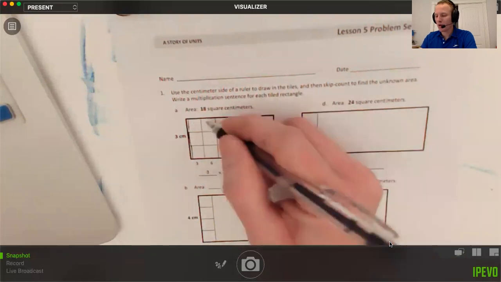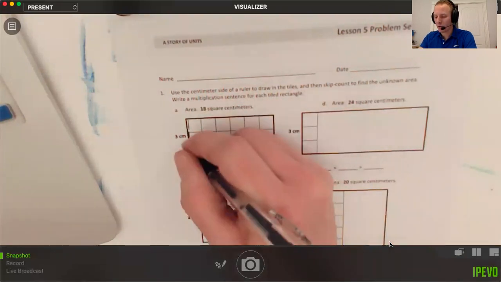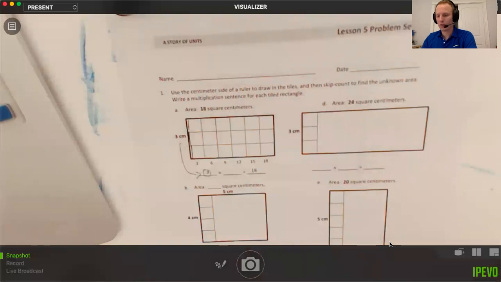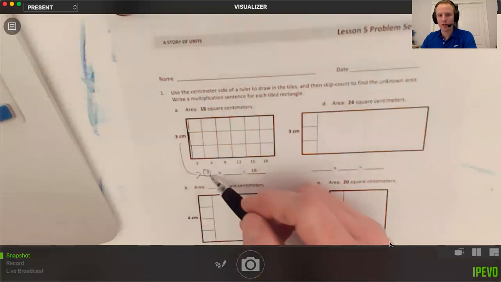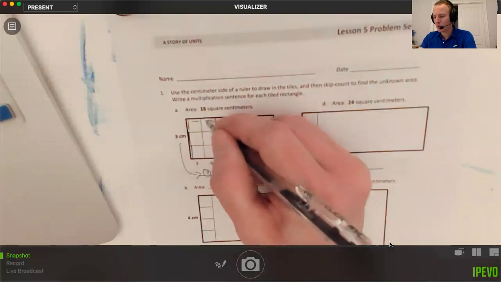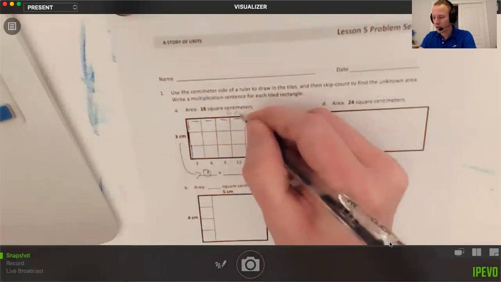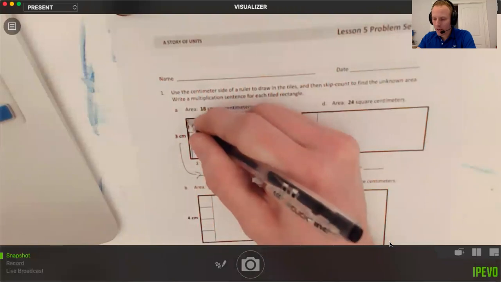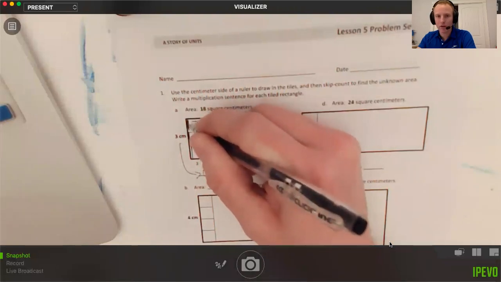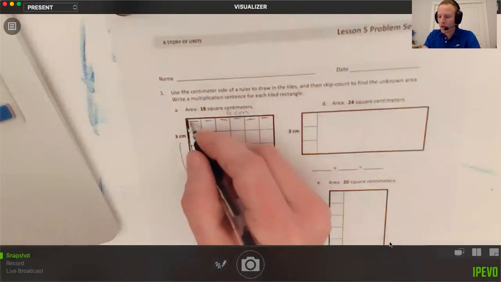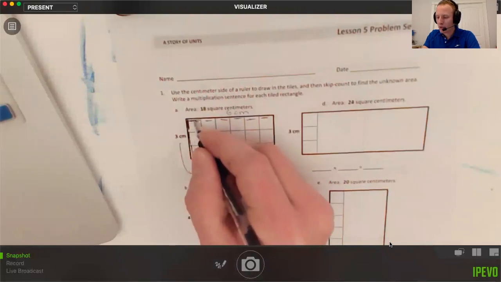To find out how many are along the top, the 3 is also right there. So we took the 3 centimeters and we put it right there. I have 1, 2, 3, 4, 5, 6 centimeters. Notice, just because I had already counted that one as a 3 along the left edge, at the top left corner I still have to measure this one here.